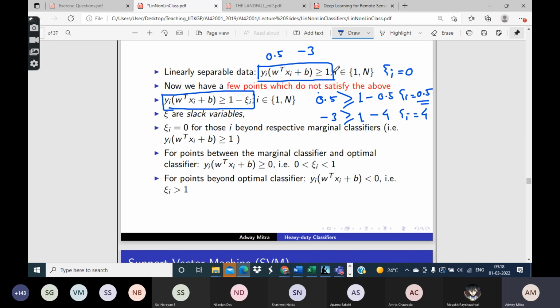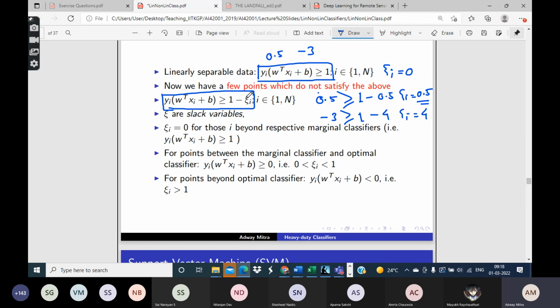Xi i will always have to be positive, because this is a greater than or equal to constraint. Making xi i negative will not serve any purpose. So I am looking for the minimum possible value of xi i in all cases.